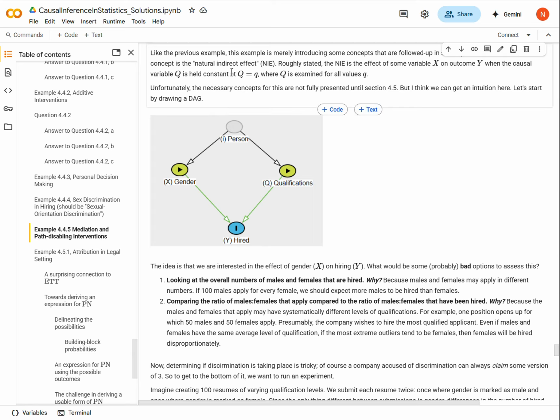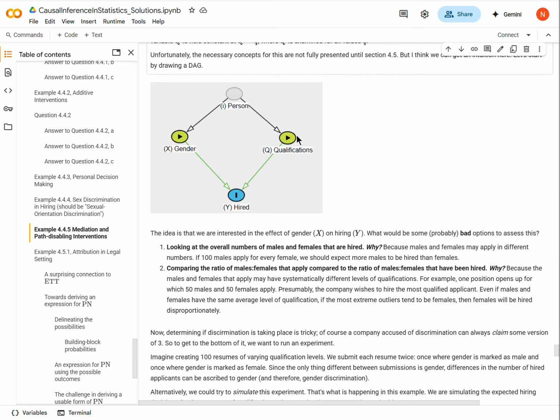And so, based on my reading of this, I suspect that the term indirect in natural indirect effect is really referring to a direct effect of something that is, I guess, incidental in the causal pathway, or something that we hope to be zero, or something like that. So anyway, that's how I'm going to proceed.